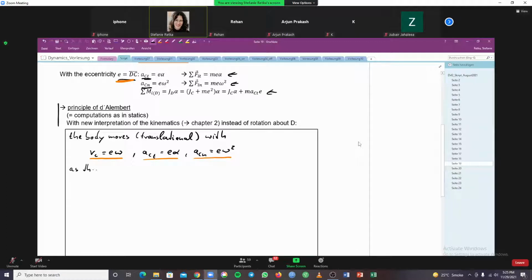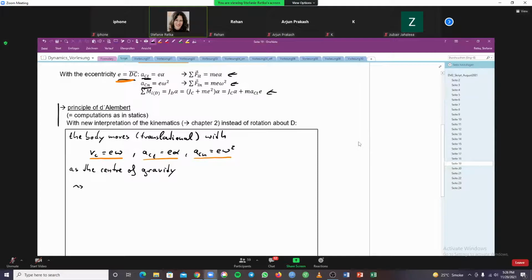Our second point. Then this leads to the inertial forces in the center of gravity. That's important to know, important to remember.